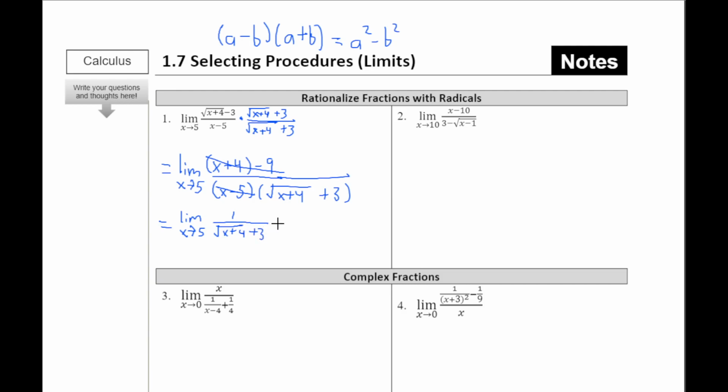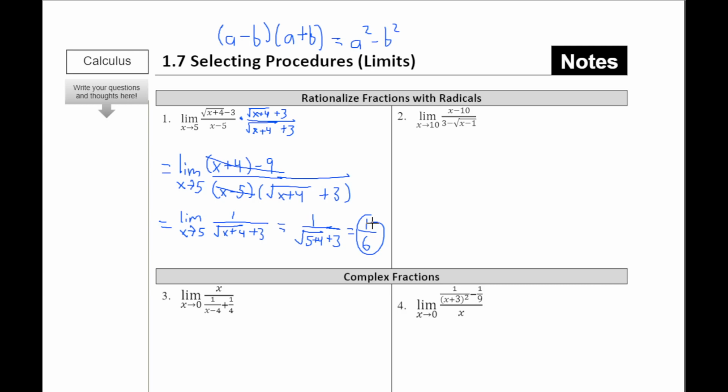And now if you do direct substitution, you get 1 over square root of 5 plus 4 plus 3. Root 9 is 3, and 3 plus 3 is 6. So you get 1 over 6 right here.